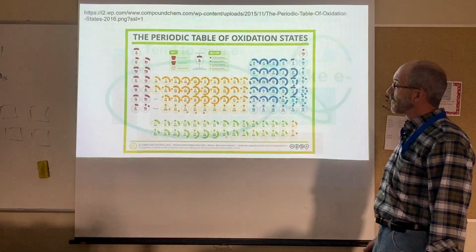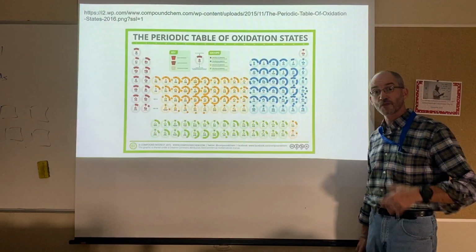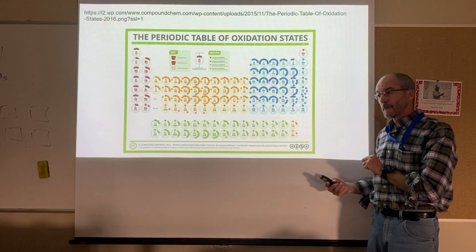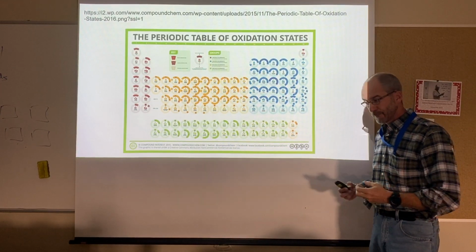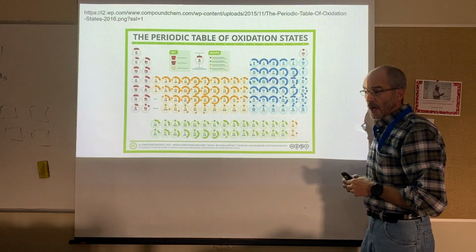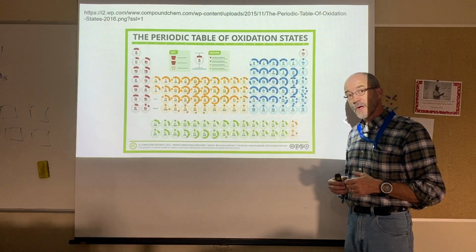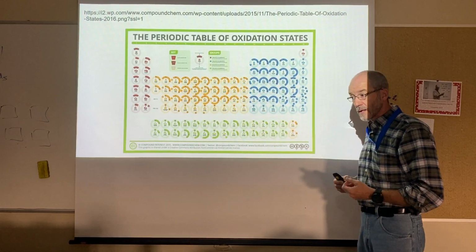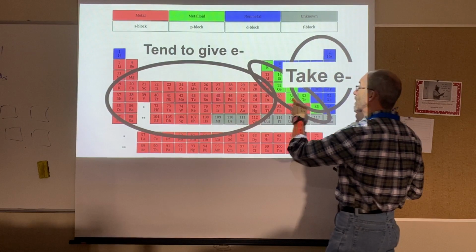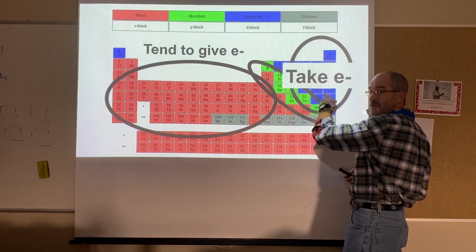And then the last item that we're going to at least mention today, that we will talk about much more substantially when we talk about bonding, is what we call oxidation states. Oxidation states are going to be values that we are going to give. So remember what we mentioned earlier, metals tend to give, nonmetals tend to take.